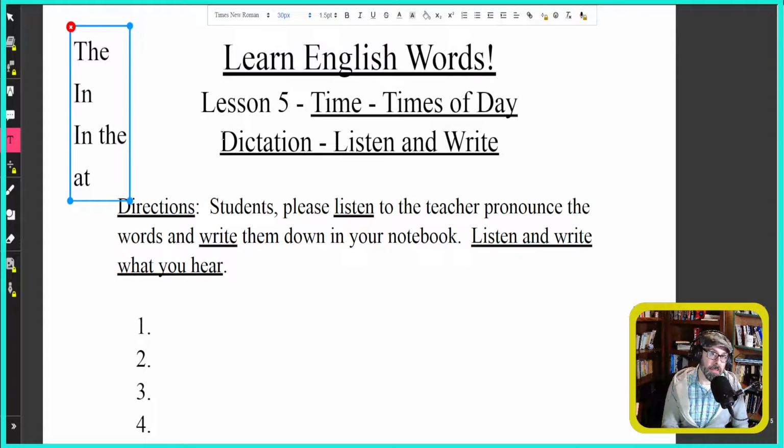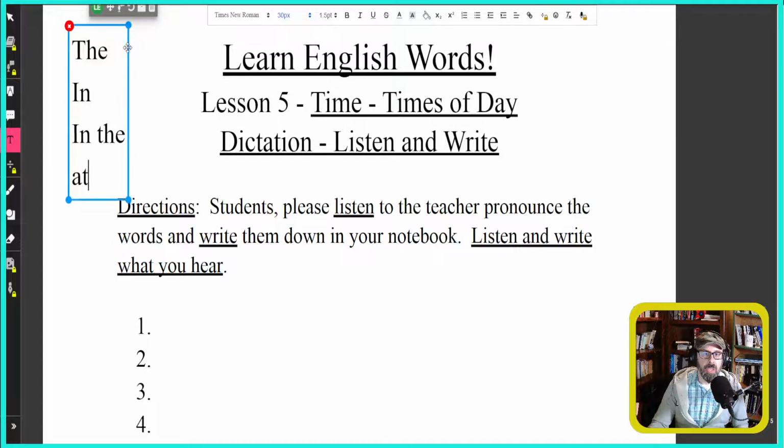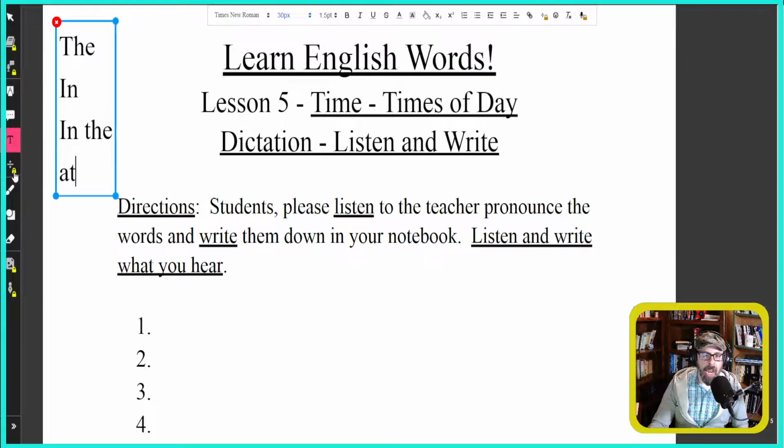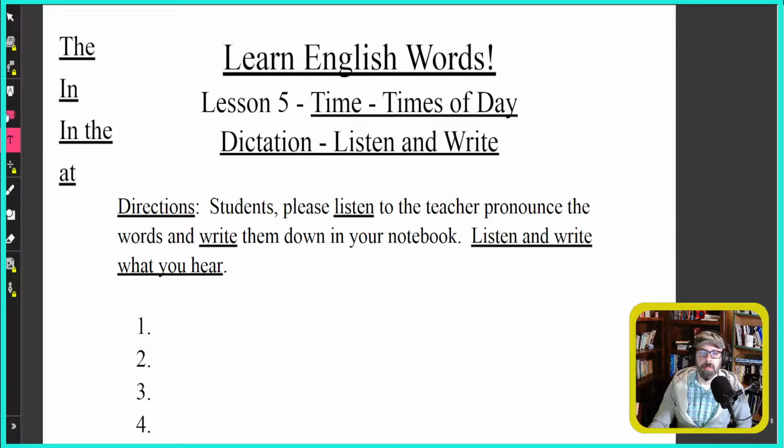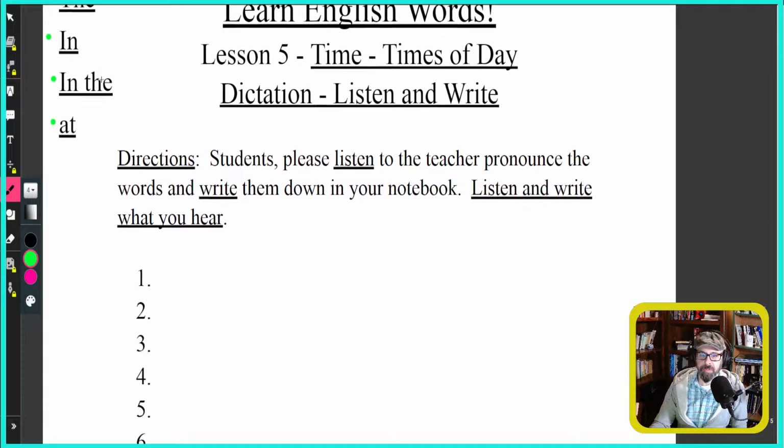So I will pronounce the regular word first, and then I will pronounce the word with some extra words, and let's listen and write what you can, okay? So your job is to listen and write, and there may be some extra words that we see as we go along, okay? All right.